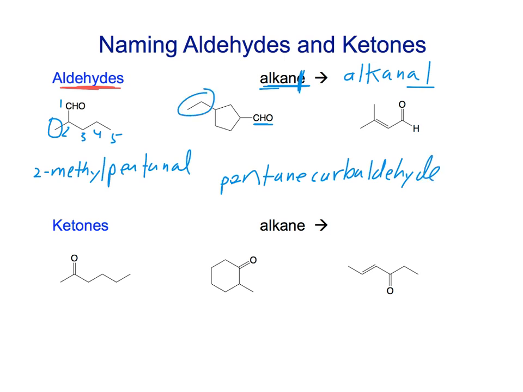Then we have an ethyl group attached to the ring. We number from the position where the aldehyde is attached to the ring, so 1, 2, 3, it would be 3-ethylcyclopentanecarbaldehyde.